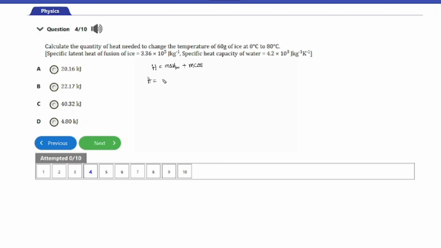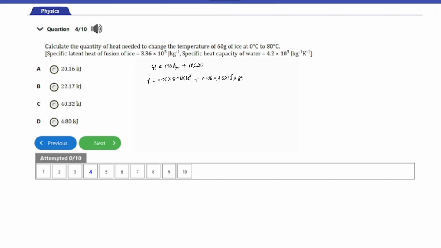The mass here is actually 60 grams, which is 0.06 kg. So that will be 0.06 times 3.36 times 10 to the power of 5, then plus 0.06 times 4.2 times 10 to the power of 3, then times the change in temperature, which is 80 minus 0, which is 80.